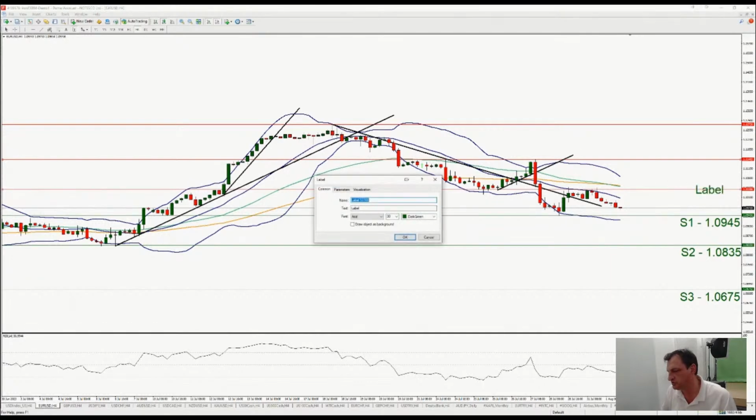Moving now to the first resistance line at 1.1040. And we're going to be switching the color as well.